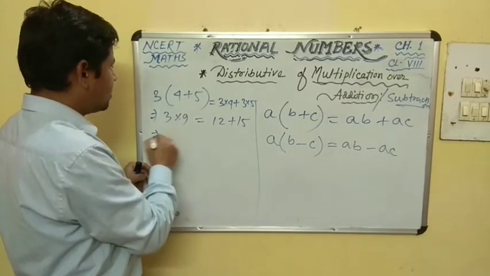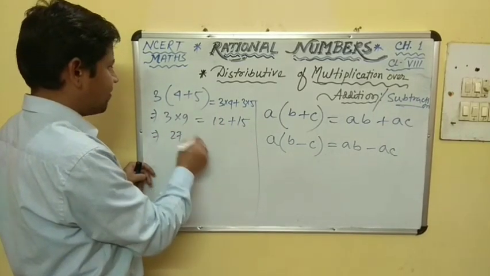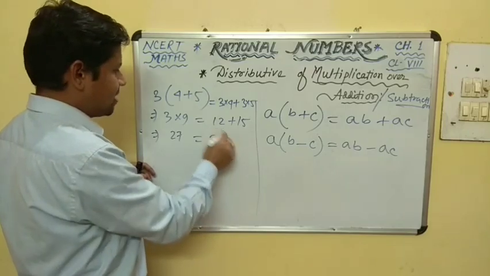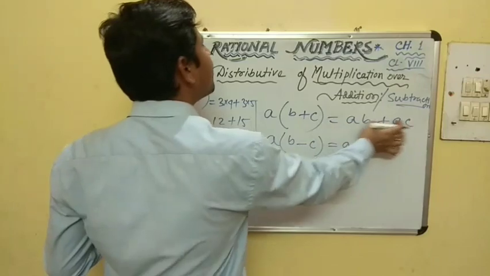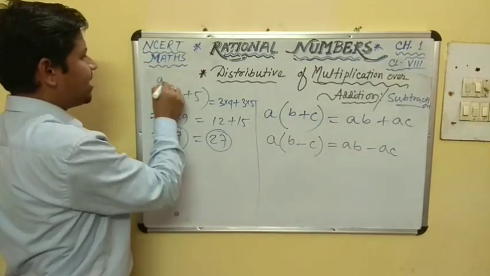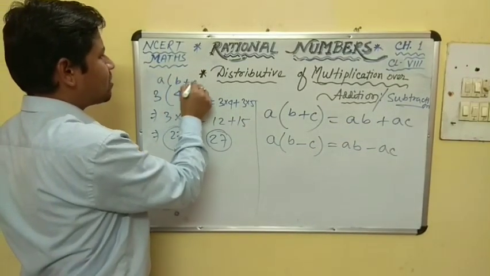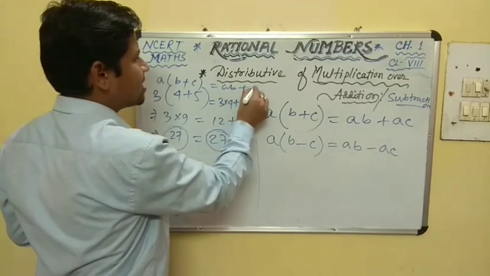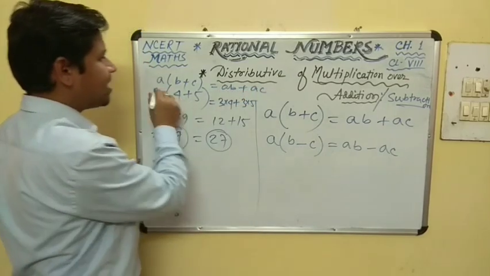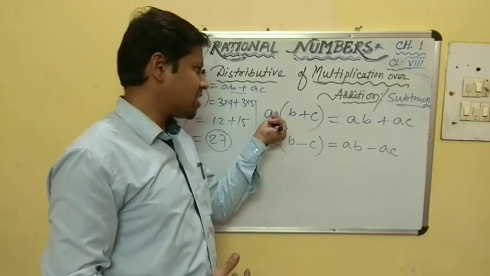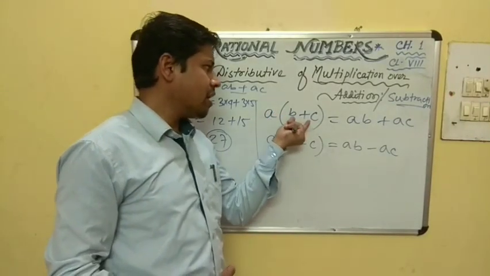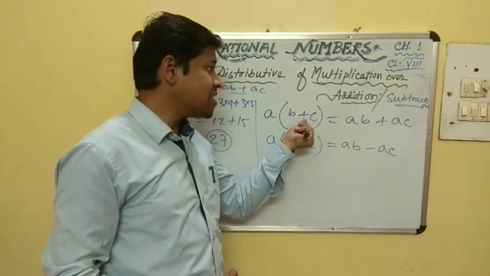So 3 into 9 is 27, and here also 27. We see the left side and right side are both equal. That is, a into b plus c is equal to ab plus ac. This condition is satisfied. So this is the distribution: a, as the multiplication, is distributing over this addition.